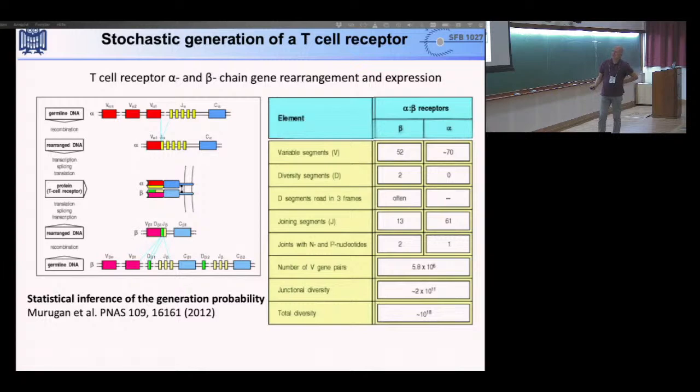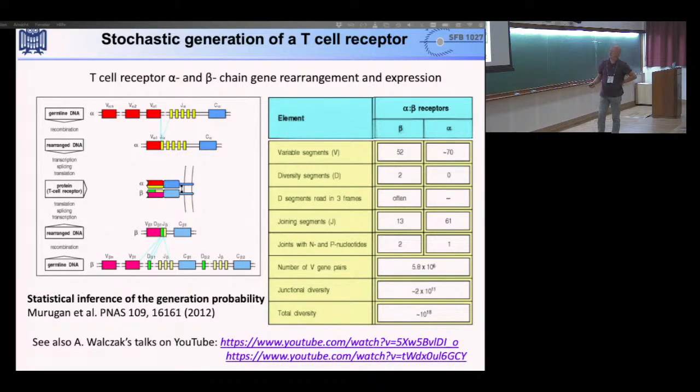So that is a big topic in statistics, but also in statistical physics. There is a really nice talk by Alexandra Walczak about exactly this topic on YouTube, on analyzing the T cell receptor repertoire: how large it is, how probable it is that you have high affinity to a randomly generated antigen, and so on.